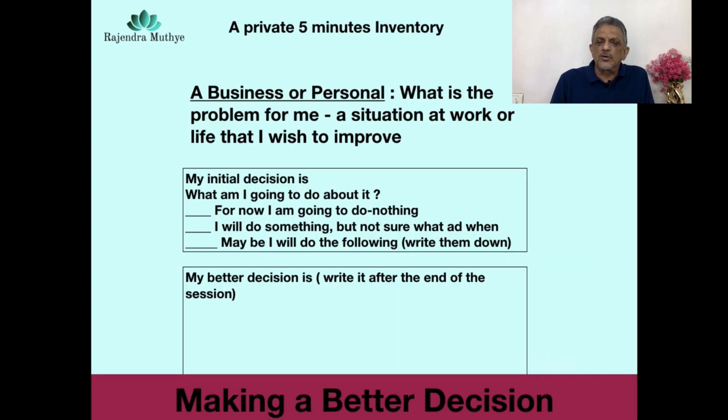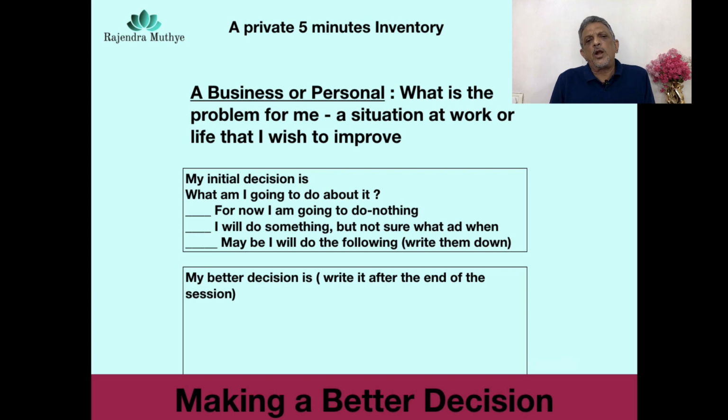Now what I want you all to do is write down on a piece of paper a situation at work or in your life, personal, social, relatives, family, or your personal life. A situation where you have either made a decision, write something about what decision you have taken, or if you are in the process of making a decision, you have not made the decision yet, what am I going to do about it?